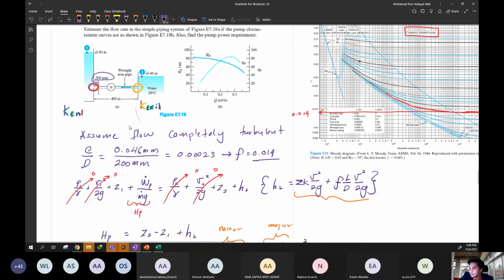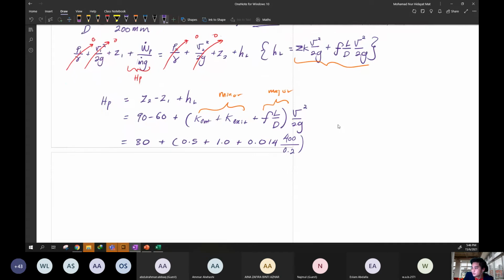So just substitute the value. Velocity is Q over area, which is pi, the radius of the pipe to be 0.1. We use the radius, not the diameter.